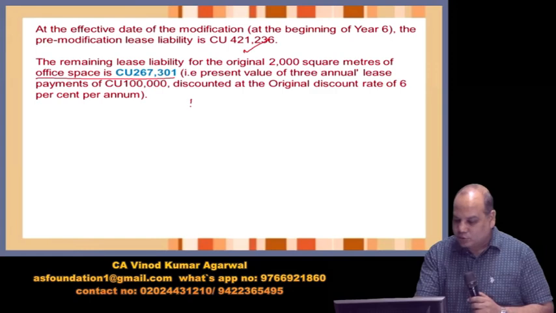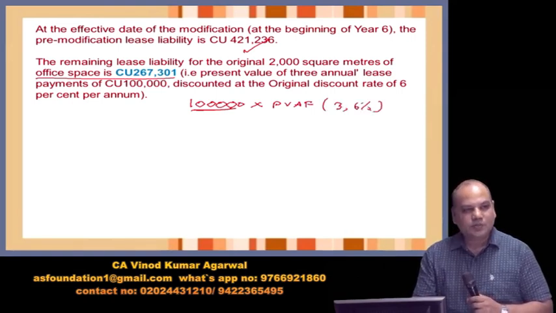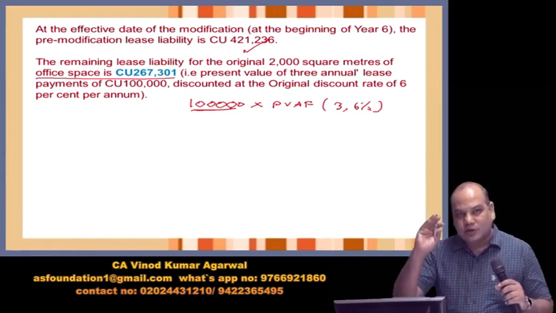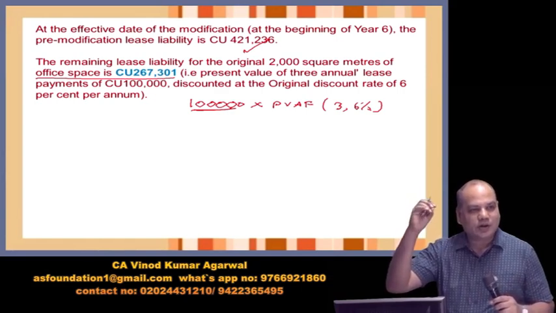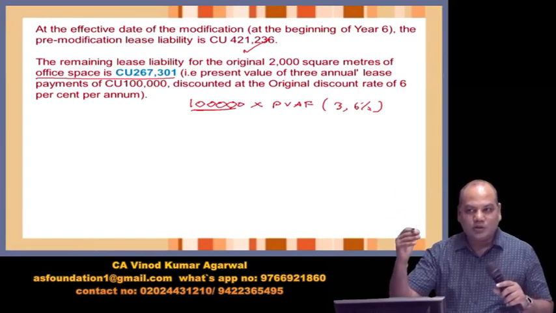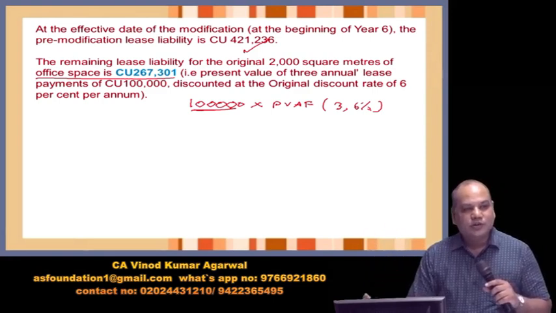What you have done, you have reduced the lease term from 5 years to 3 years. So present value of the original lease liability for the reduced term would have been, 3 year and 6% originally. For some minute you now remove that 50,000 increase in the lease liability for additional space. Only visualize if the lease term would have reduced.